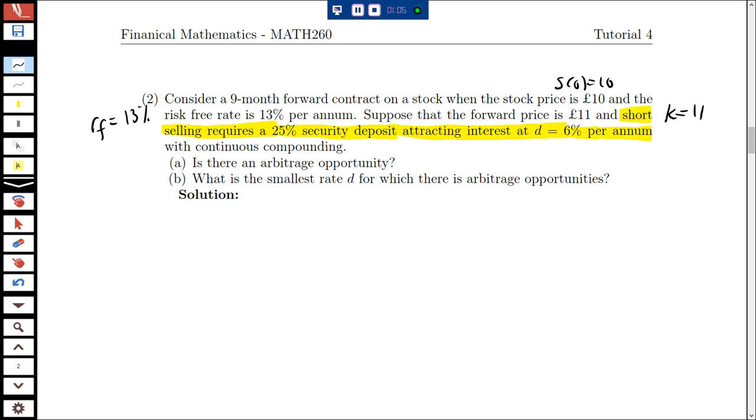Okay, so part A, is there an arbitrage opportunity? So first thing we should do is calculate the theoretical forward price.